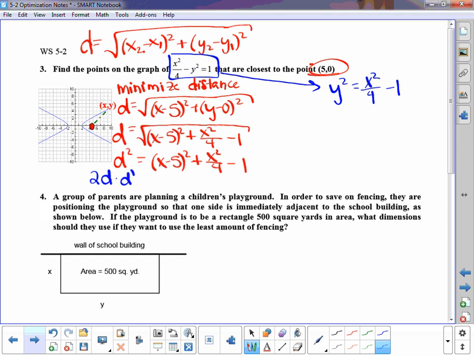Because I'm doing this with respect to x. The better notation, if it wasn't a d, would be the derivative of distance with respect to x, but that looks really weird, so that's why I wrote d prime. So again, technically when I do my derivative here, I have to bring down my power, reduce the power by 1, inside stays the same, then multiply by the derivative of the inside with respect to x. Let me rewrite that as d prime. Okay, so bear with me with that. Let's do the rest of it like normal, works nice and easy. Alright, so my derivative here, bring down my 2.